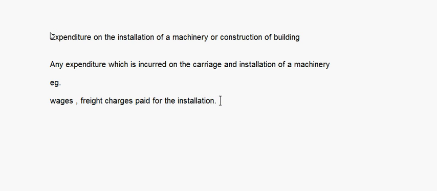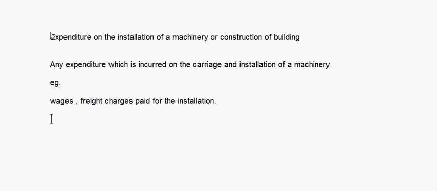We are talking only about the installation. Any charges relating to the installation of a machinery is to be treated as a part of the cost of that machinery. That means it is capitalized, right? So whatever wages we pay for the installation of a machinery or whatever carriage charges that we pay for the installation of machinery comes under this, right?